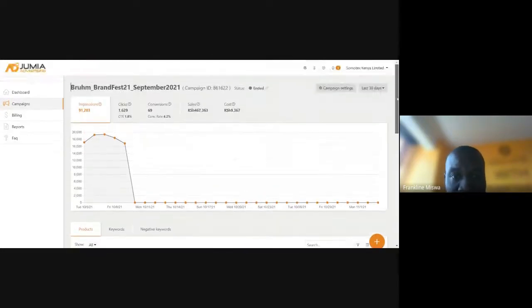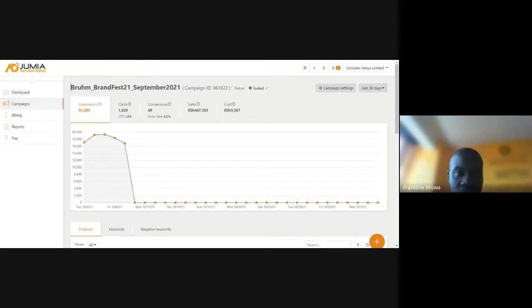This is what you're able to see for the last 30 days. It will show you he got about 91,000 impressions. But out of that 91,000 impressions, only 1,600 were actual clicks. So 1,600 as a ratio of 91K will give you about 1.8%.